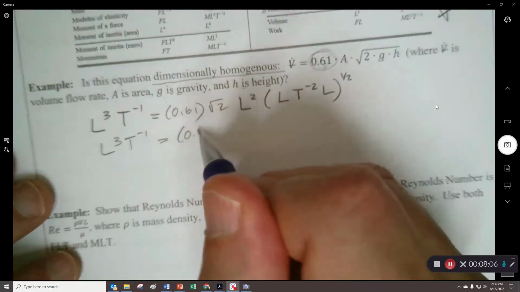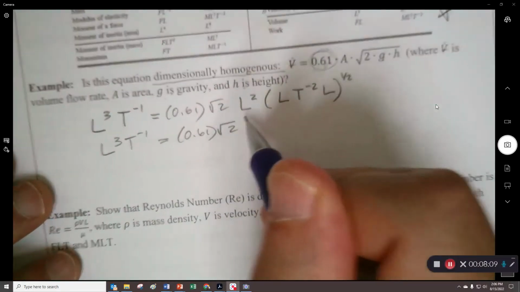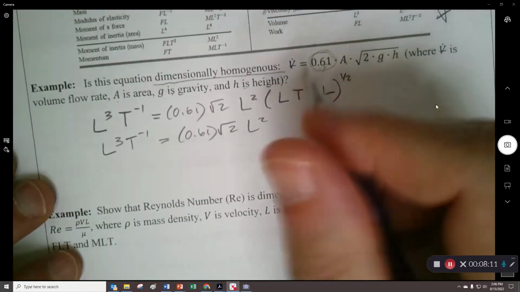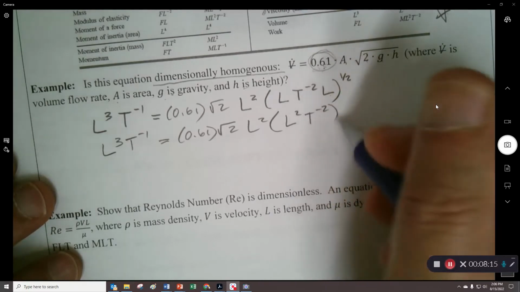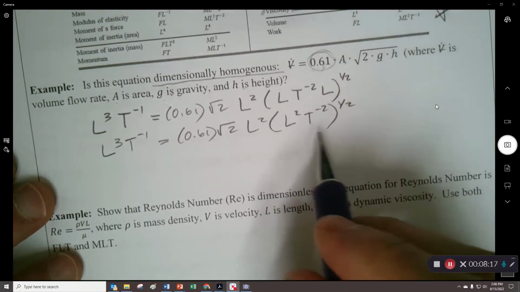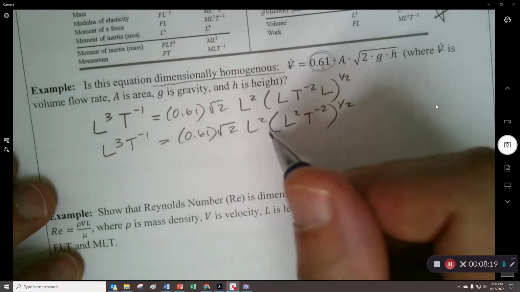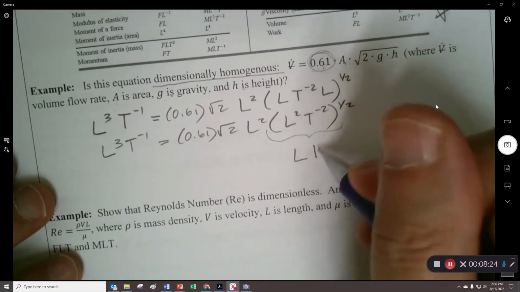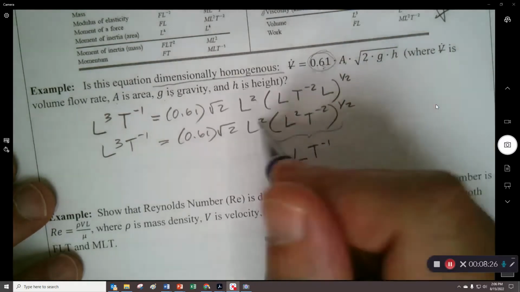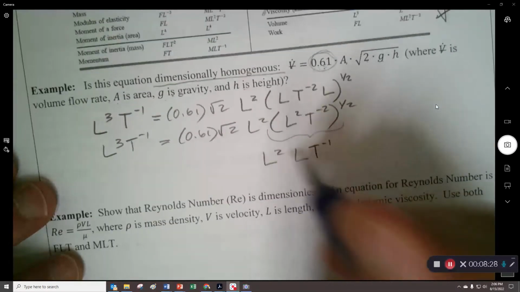I'll just carry this through. Square root 2, L2, noteworthy, this becomes L2T minus 2, but we have the square root of it, right? So this whole thing becomes L and T minus 1, right? Because we took the square root of those. And then, of course, we have L squared.